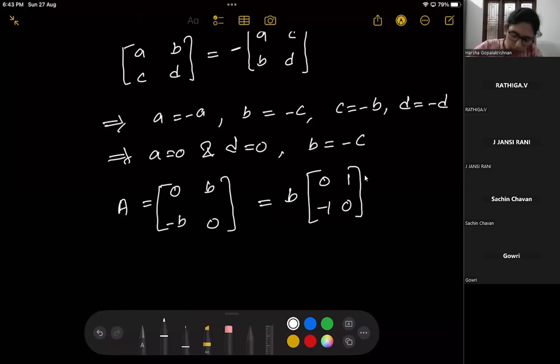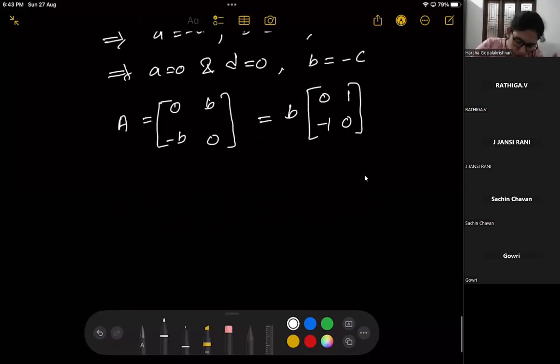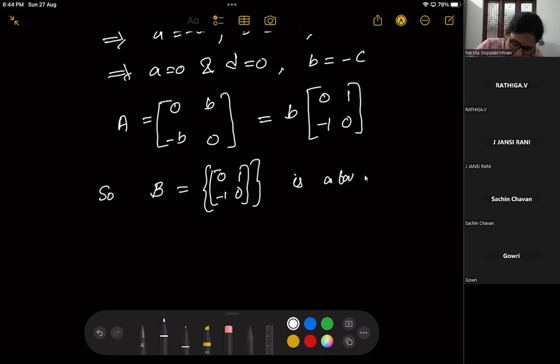So [0, 1; minus 1, 0] is a basis for X. So the dimension of X is 1.